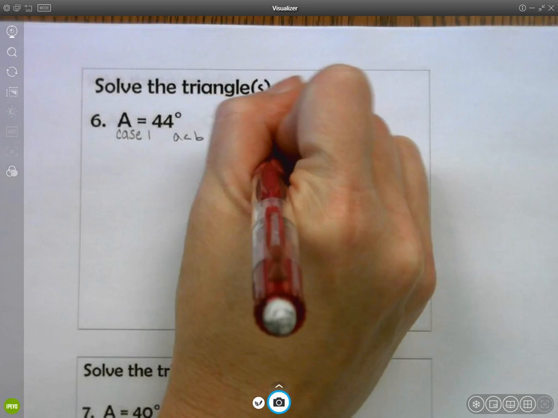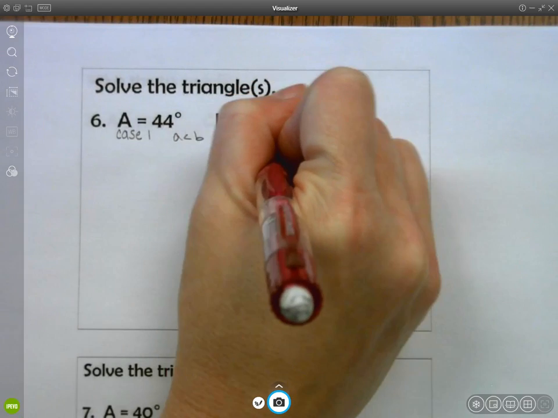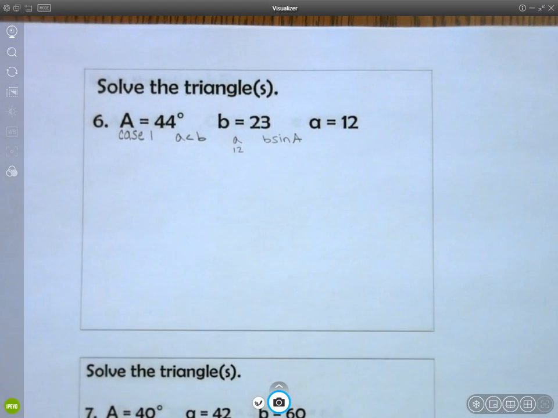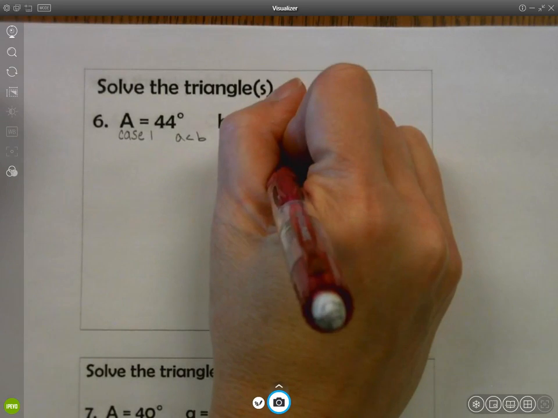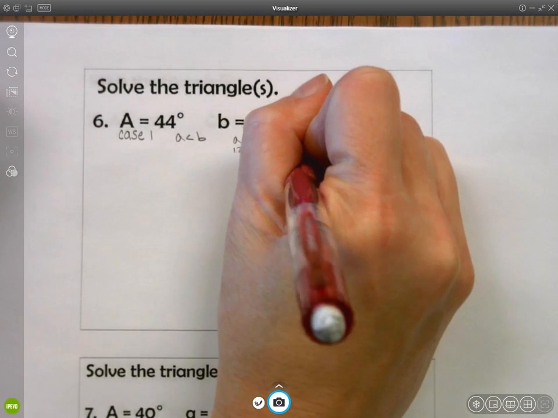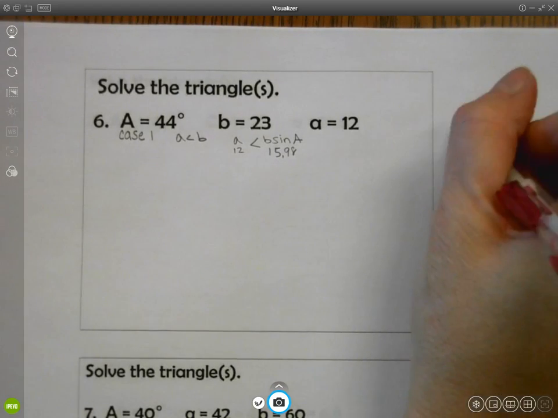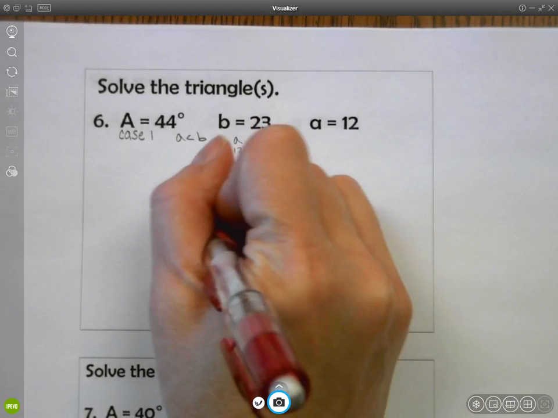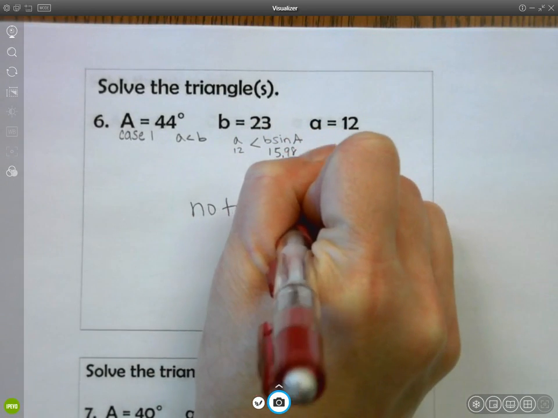We want to compare A to B sine A. A is 12, B sine A, so 23 sine of 44 gives me 15.98, so we get less than. If A is less than the height of the triangle, then remember it's just a little dangly leg. So we say no triangle, and we're done.